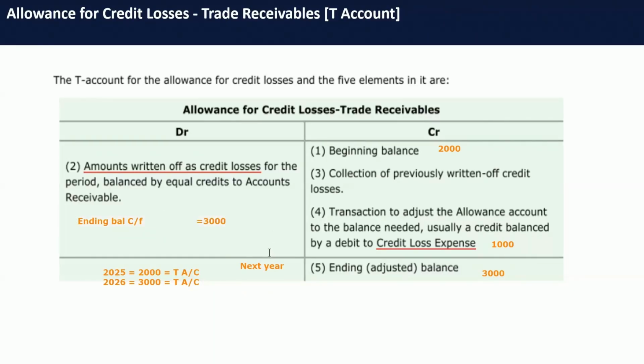Now, how will you balance? Now you will get clarity. Here, the debit column total is 3000. In the credit column, you only have 2000. And you can use credit loss expense as an adjustment account. So for that, you will add 1000 here.